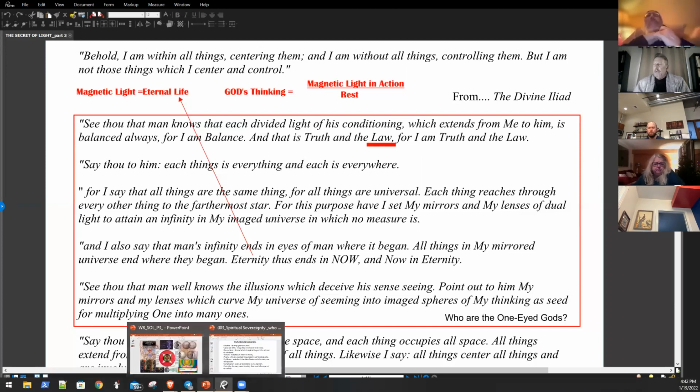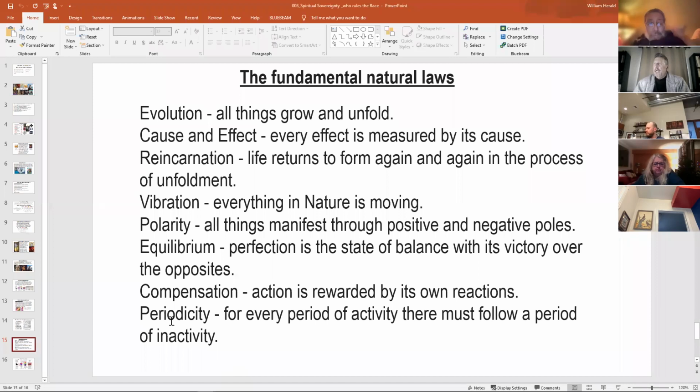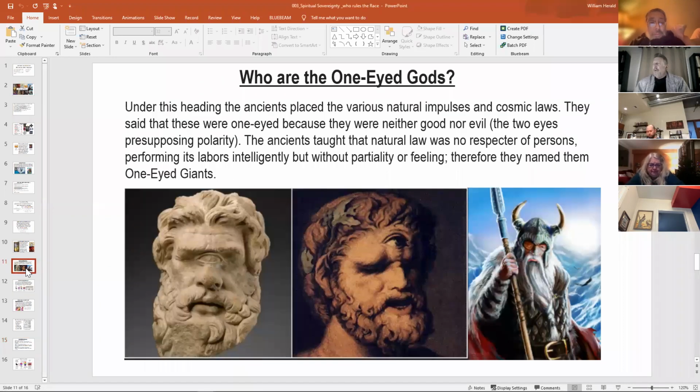Now, I don't know if you guys remember or not, but we did a little series on spiritual sovereignty and we talked about the law. And we talked about the one-eyed gods because within the law, the law is not duality. The law is the law. So under this heading, the ancients placed the various natural impulses and cosmic laws.